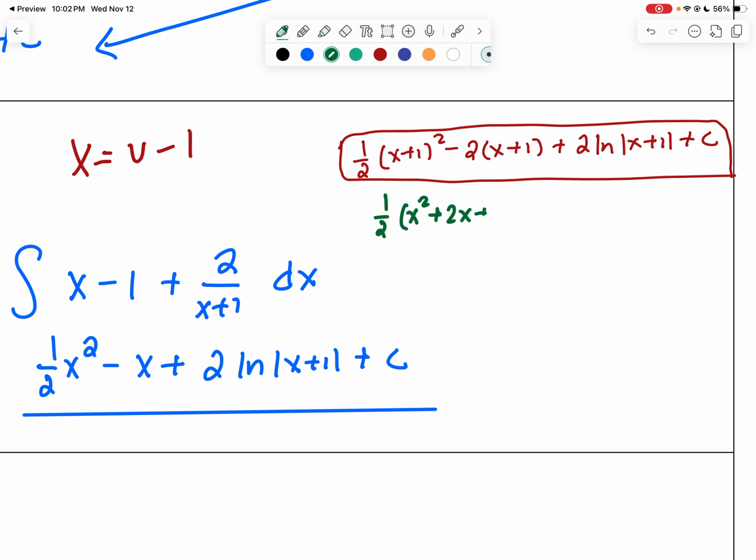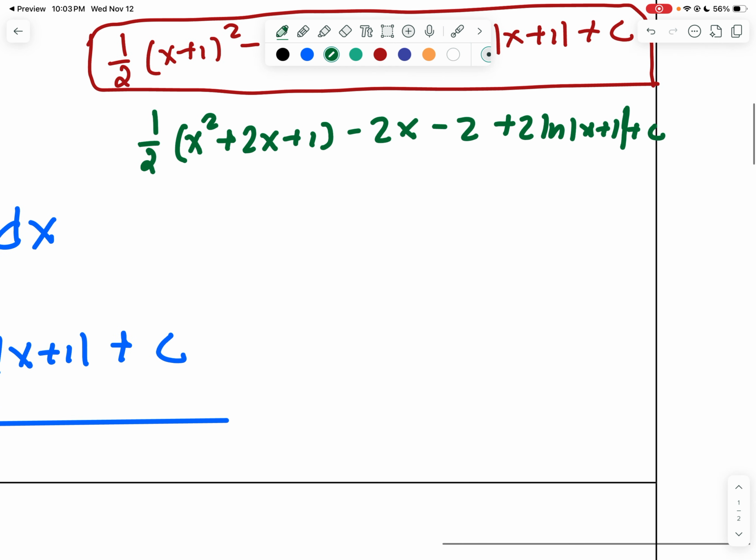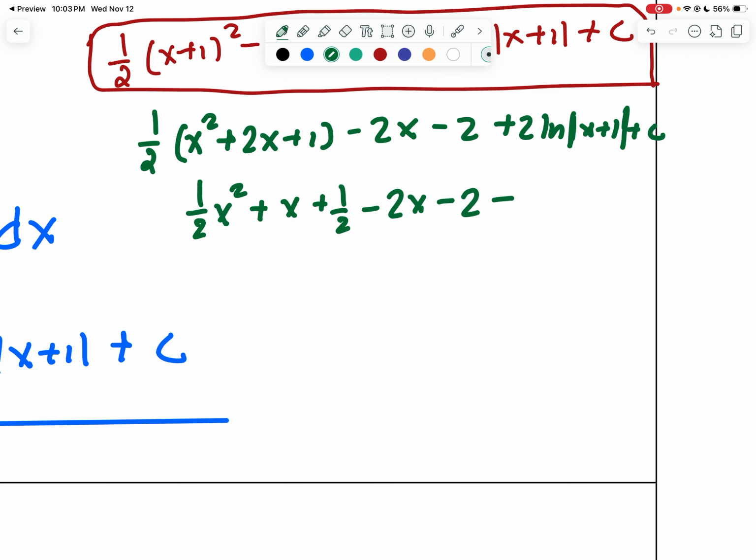Once we expand this, we can cancel some stuff out in terms of my simplification.